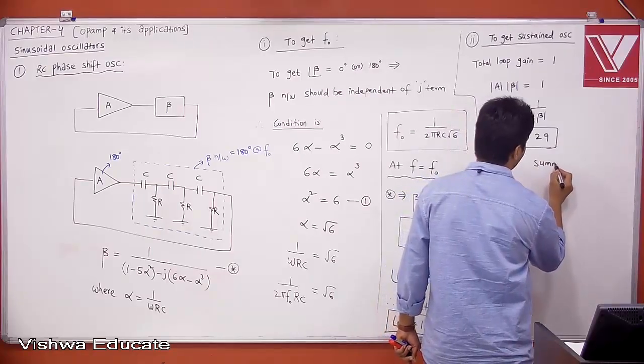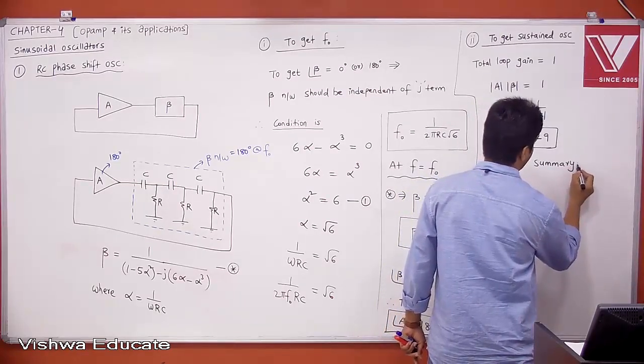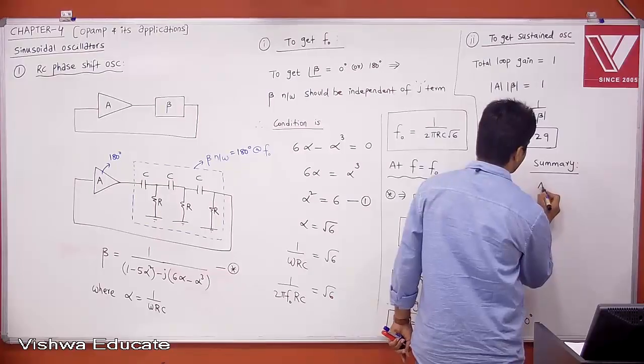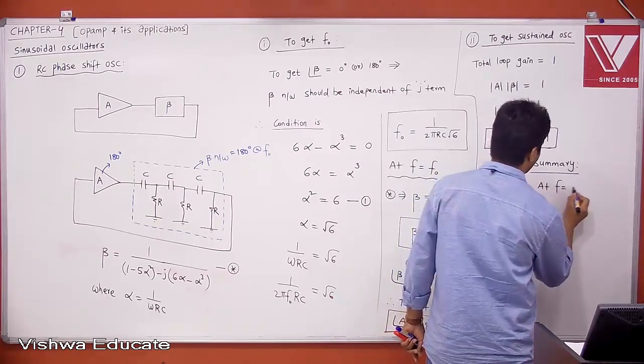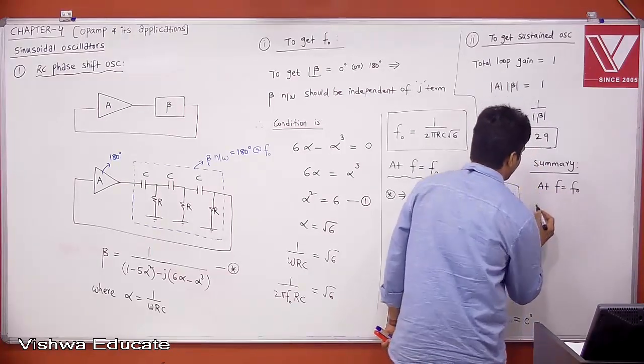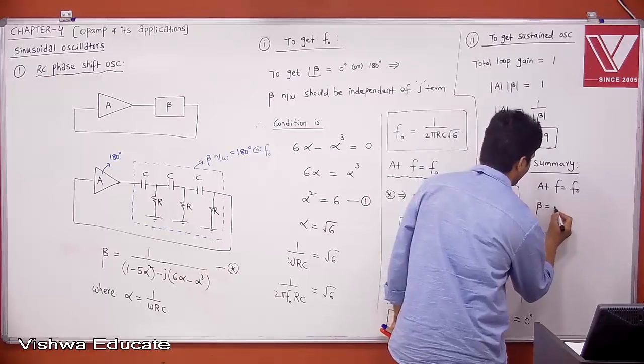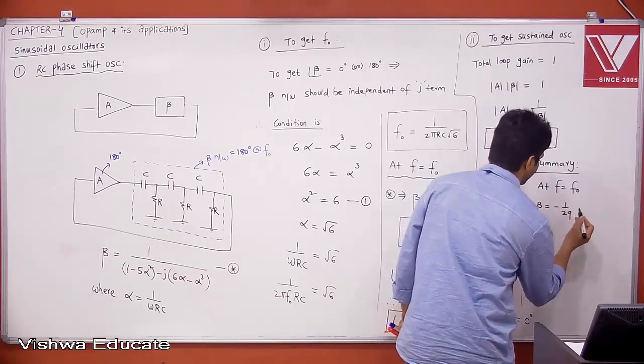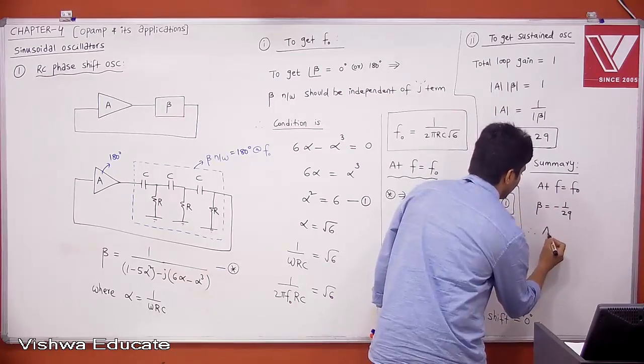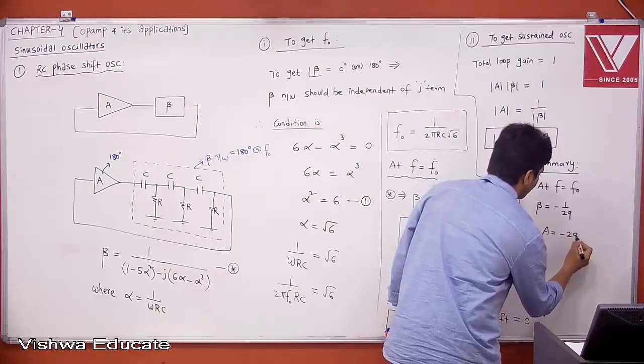Therefore, what is the summary? At F is equal to F0, your beta is minus 1 by 29, and your A should be equal to minus 29.